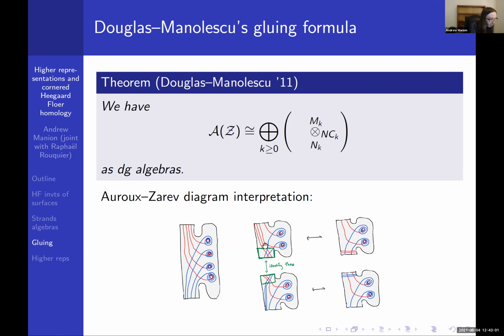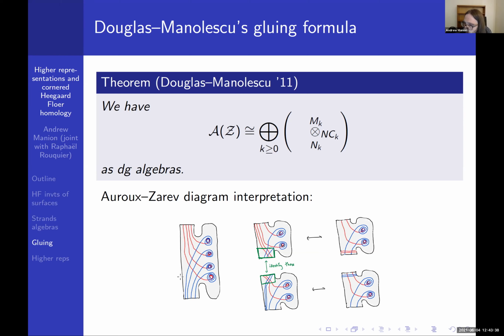Identifying these green boxes is very much like tensoring over this algebra. In fact, already in this Douglas-Manolescu paper, they show that this NK is the Heegaard Floer complex of this hatched picture, which can be understood, and it's a grid diagram more or less. That's already in their paper: once I see identifying this hatch picture with that hatch picture, that looks exactly like tensoring over NK. So you can kind of see this Douglas-Manolescu formula in the arc diagrams, which I think is nice.